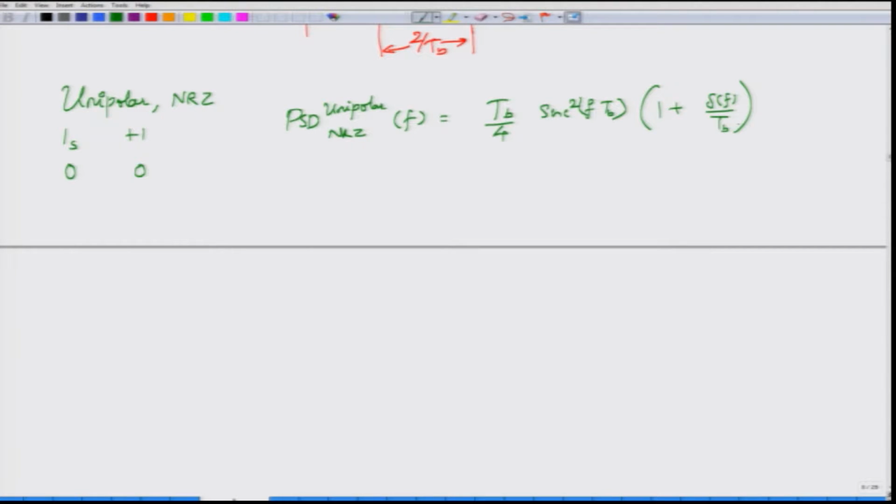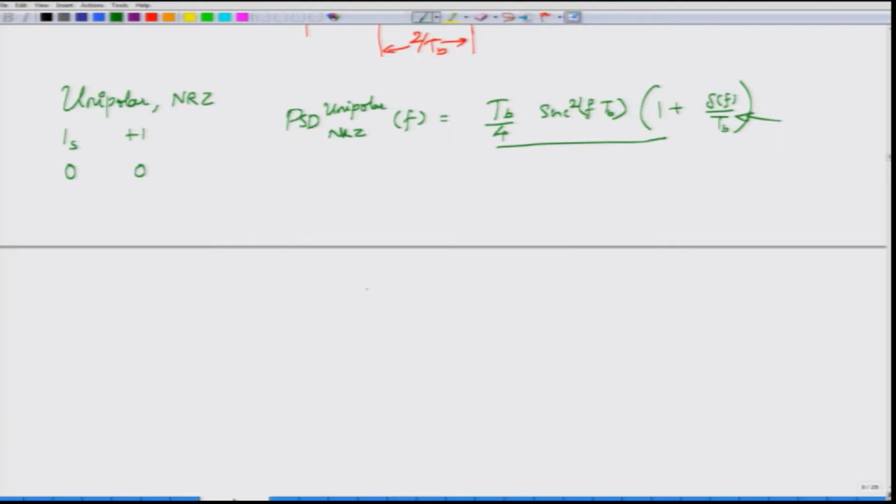Do not be thrown off by this delta f term. This delta f is just a delta function which is present at f equal to 0. This part which you have seen is exactly similar to the RZ format, except that the amplitude has reduced to TB/4, rather than having an amplitude of TB, plus there is a delta function at the origin.